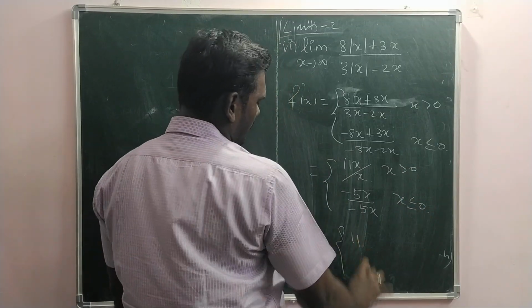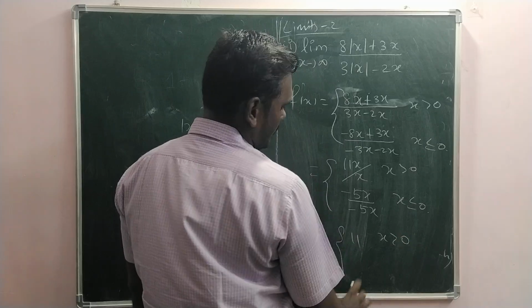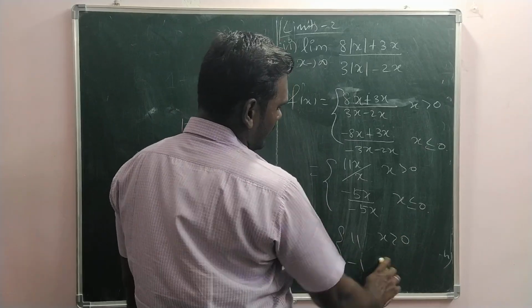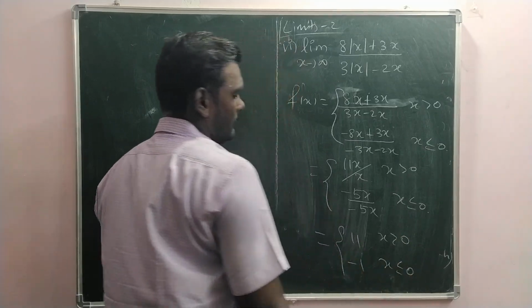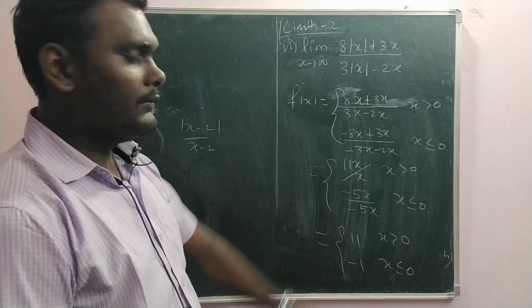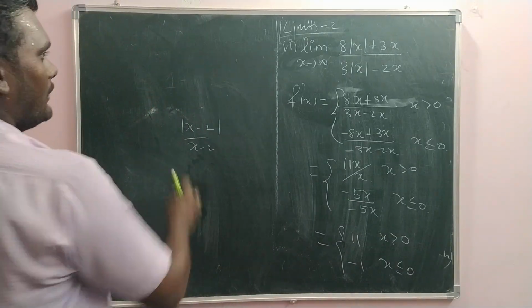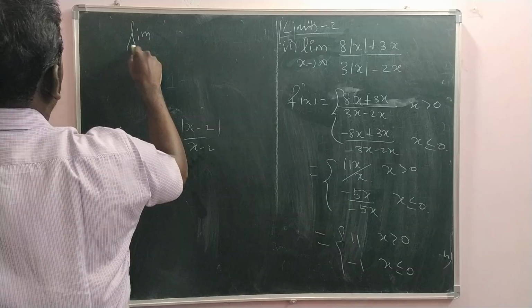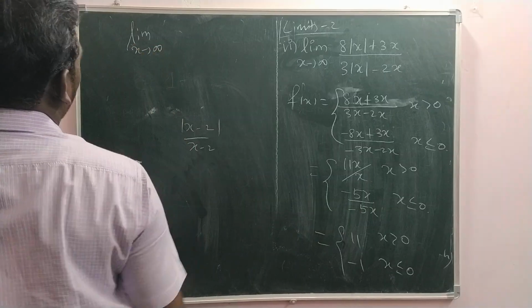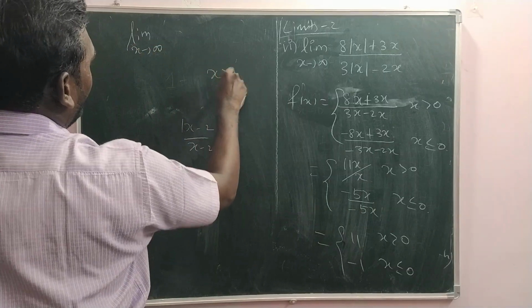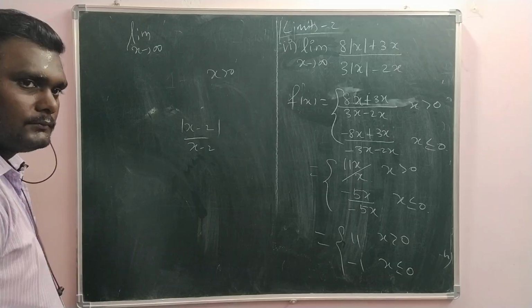Then this is 11 if x is greater than 0, and this is minus 1 if x is less than or equal to 0. As x approaches infinity, obviously it is greater than 0 only.